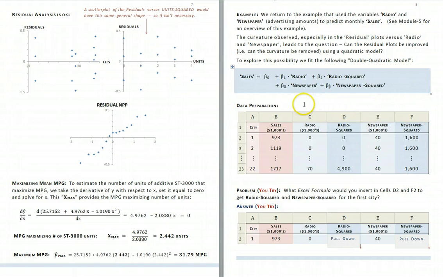If the regression is done based on the data arranged in this way, we'll be using the dependent variable sales and then the independent variables that appear in columns C through F. The radio advertising expense variable will be the first independent variable. The second will be radio squared. The third independent variable will be newspaper. And the fourth that will appear on the output is the newspaper squared variable.